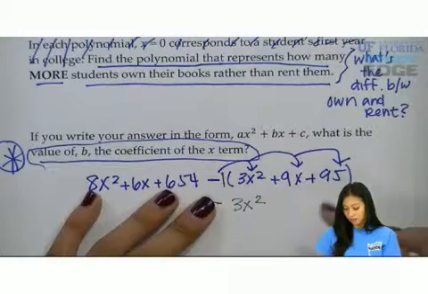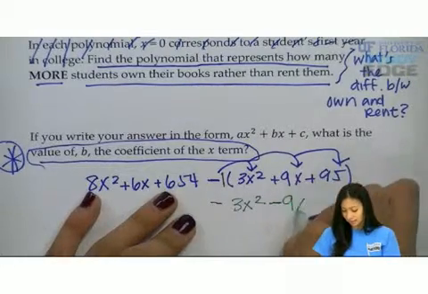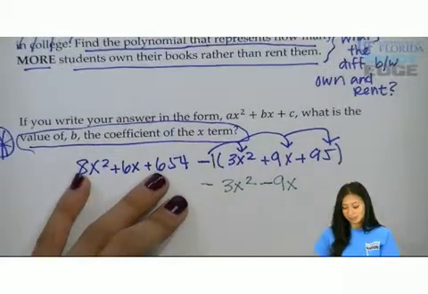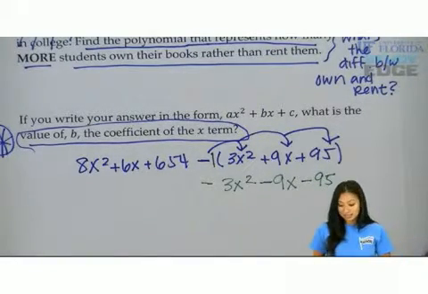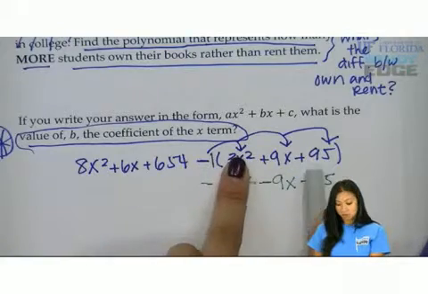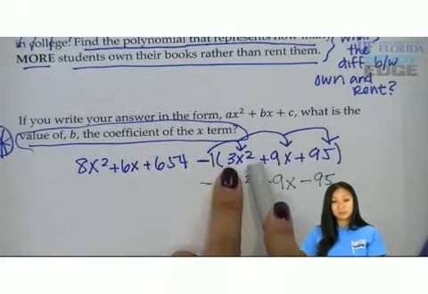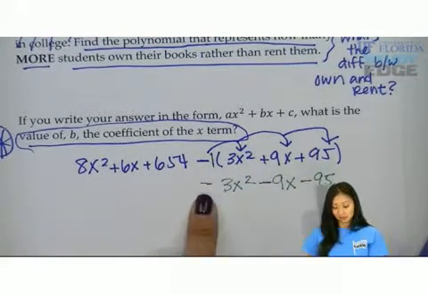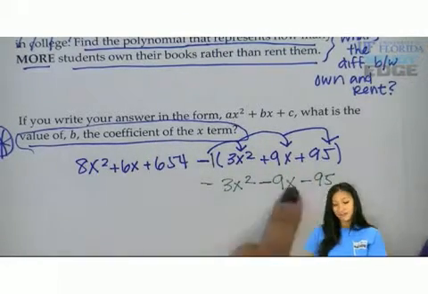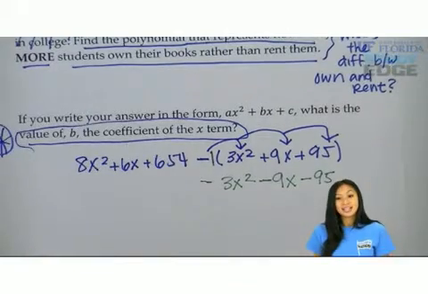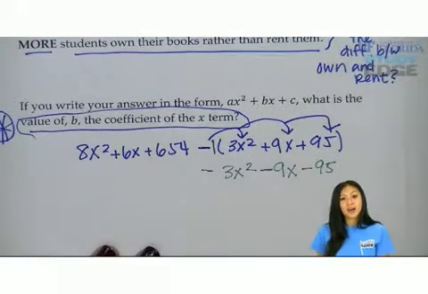Negative 1 times positive 9x is negative 9x. Negative 1 times 95 is negative 95, right? All I did was, basically, when you subtract, you switch the signs. So it was a positive 3x squared, now it's a negative. It was a positive 9x, now it's a negative 9x. It was a positive 95, now it's a negative 95, right? That's a shortcut. This actually shows you why that works.